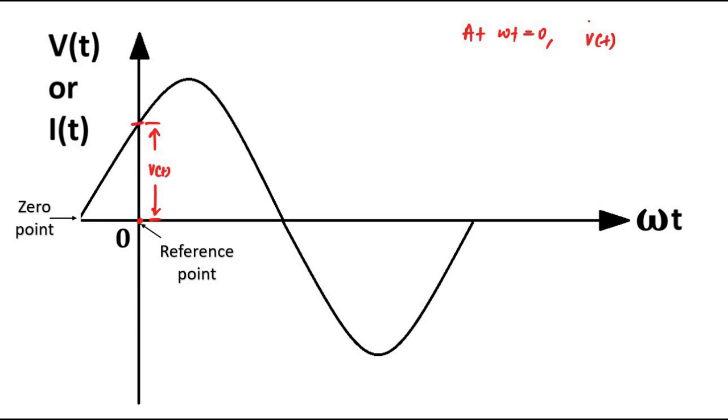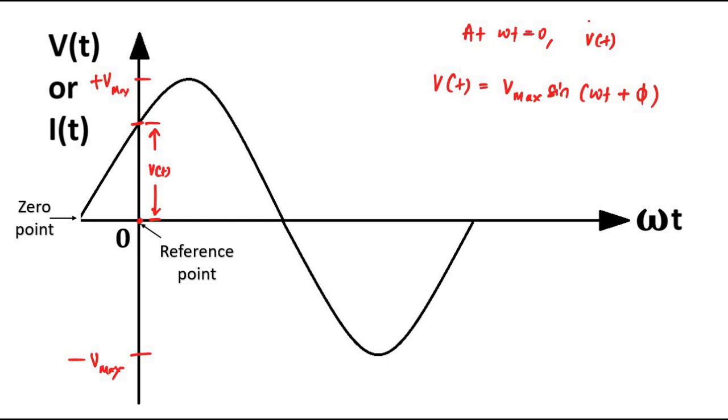So here it is represented as Vt equal to, let's say this is the positive peak plus Vmax, and this is the negative peak minus Vmax. It is represented as Vmax sine omega t plus phi.